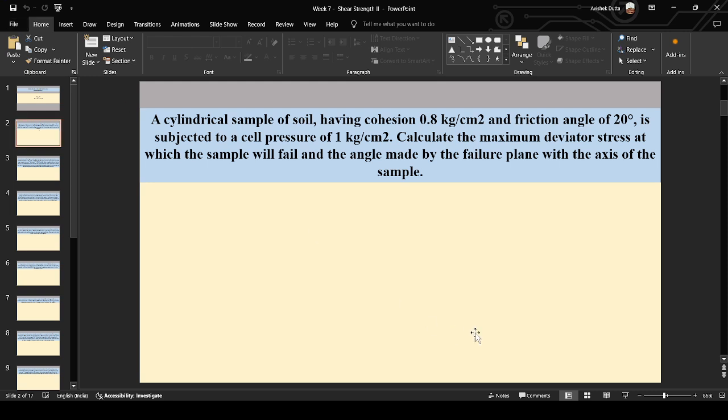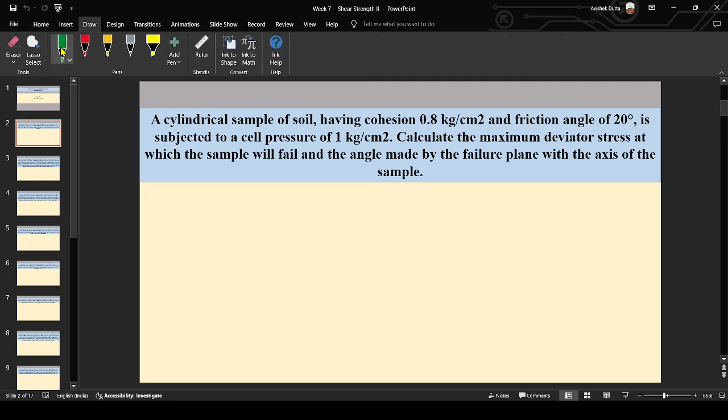So in this case, start the solution. Yes, we know that sigma 1 equals sigma 3 tan square alpha plus 2c tan alpha.